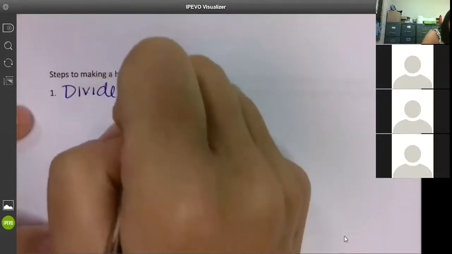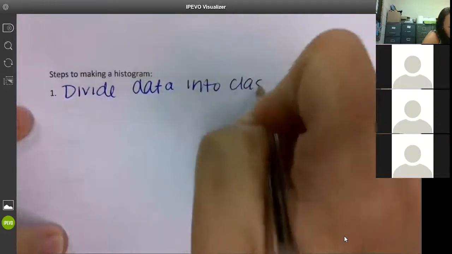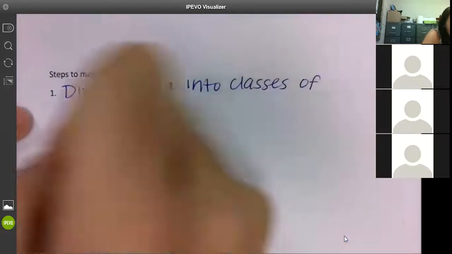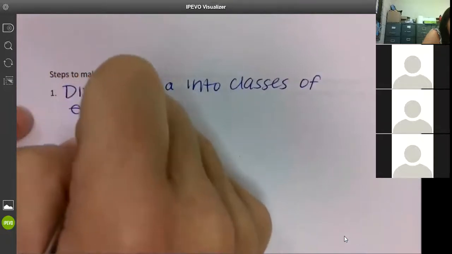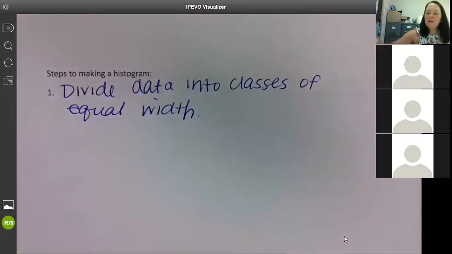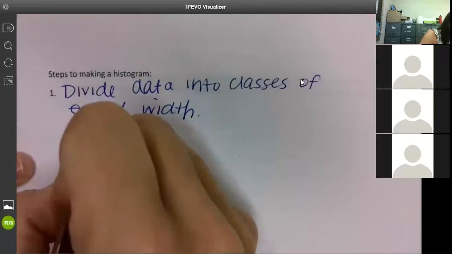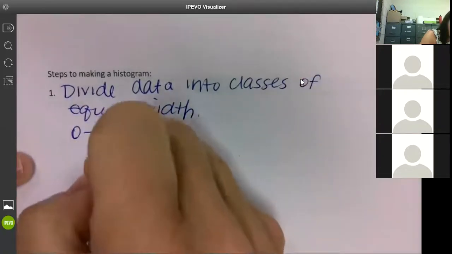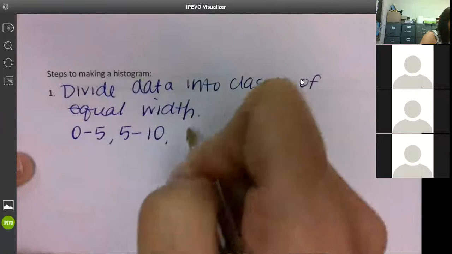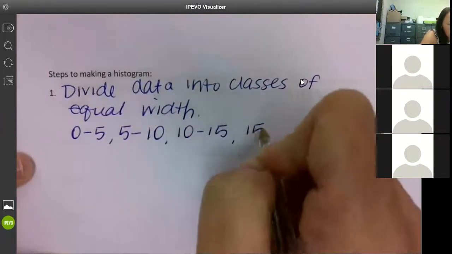So the first thing that you would do is to divide the data into classes of equal width. I have about 10 minutes. If it cuts off, we'll go back in. Okay, so what that means is you would do 0 to 5, 5 to 10, 10 to 15, because you're going by fives, 15 to 20.